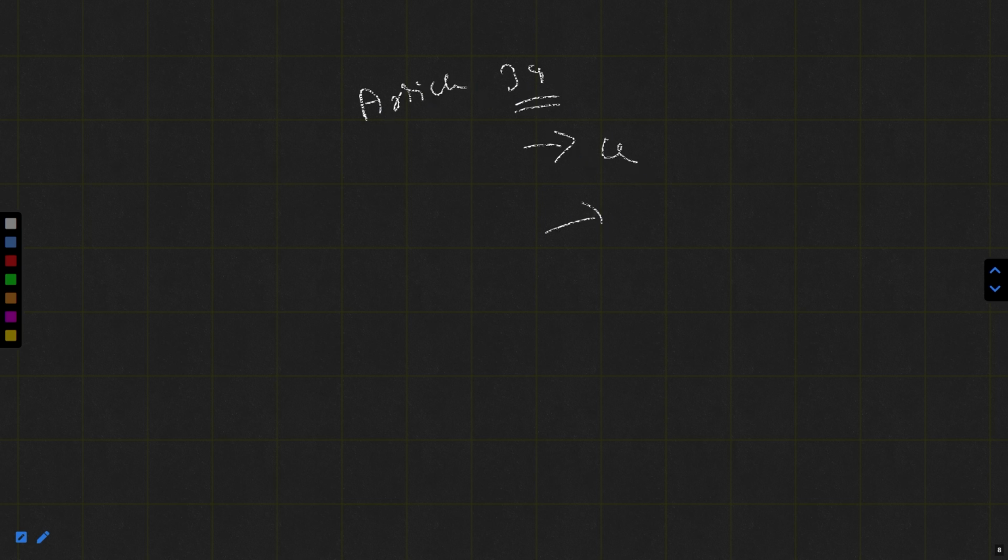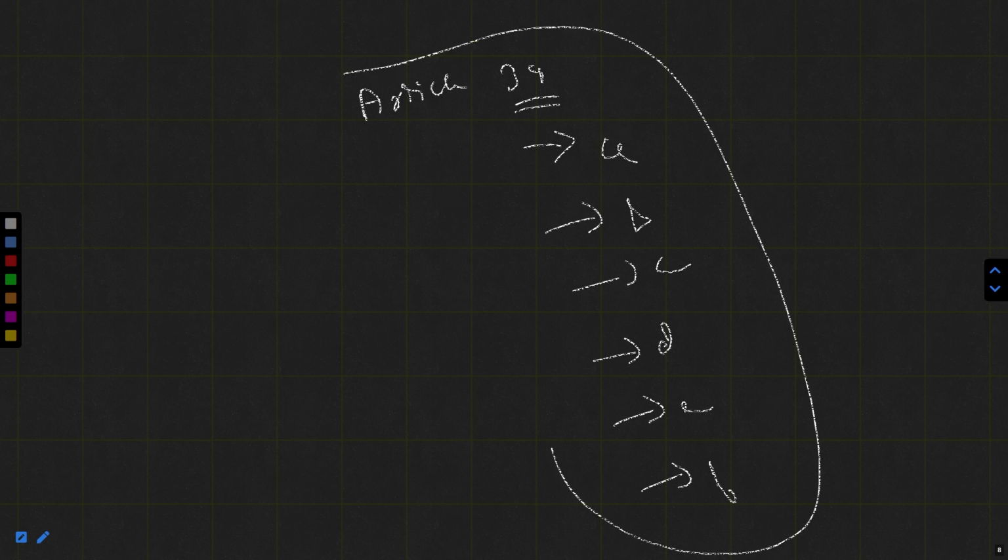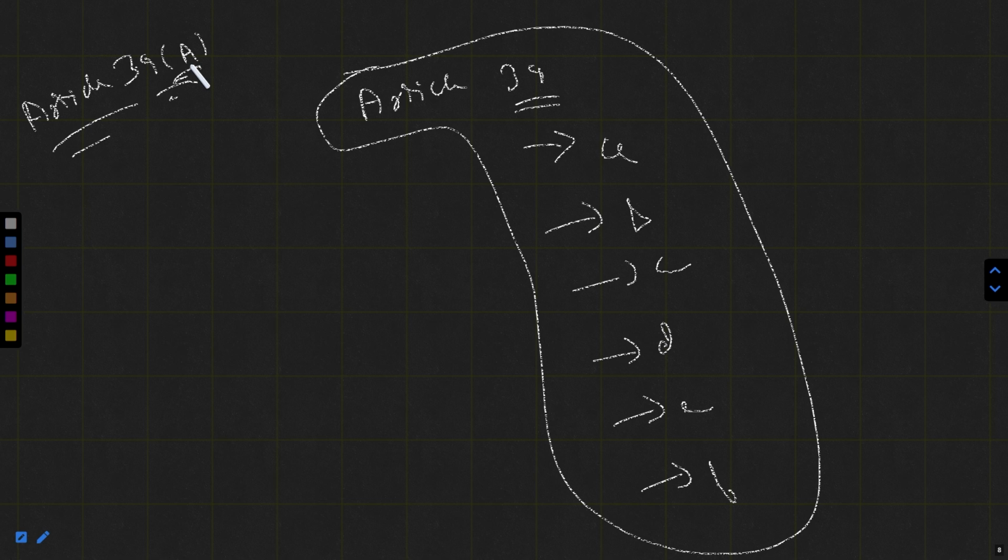In 39, we have A, B, C, D, E, F. In the DPSP, I had told you about this. Similarly, when we introduce Article 39A, again the 39 count is the same.